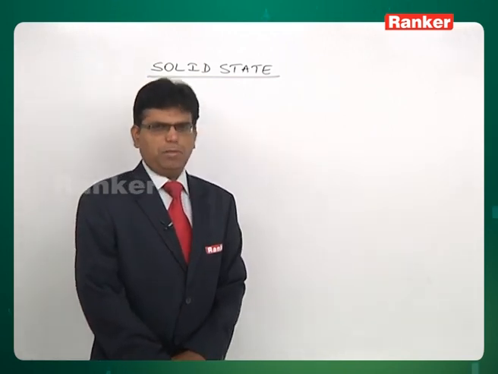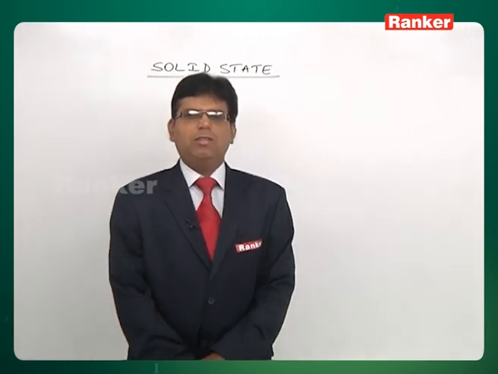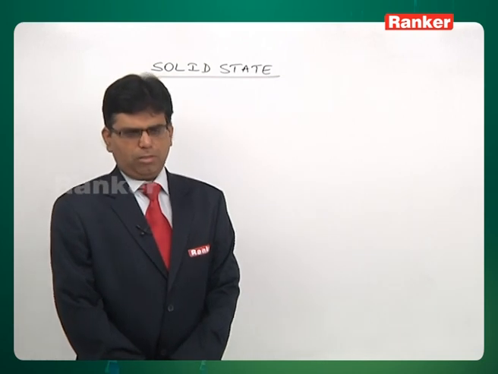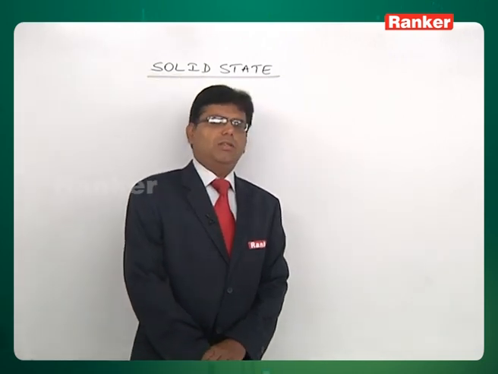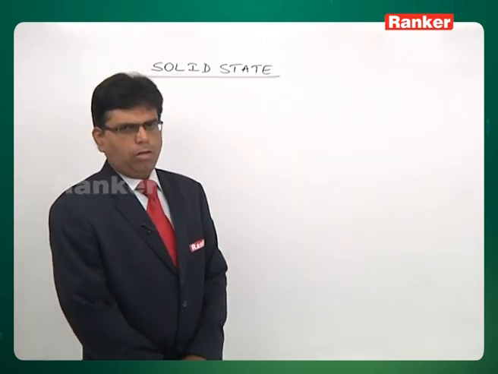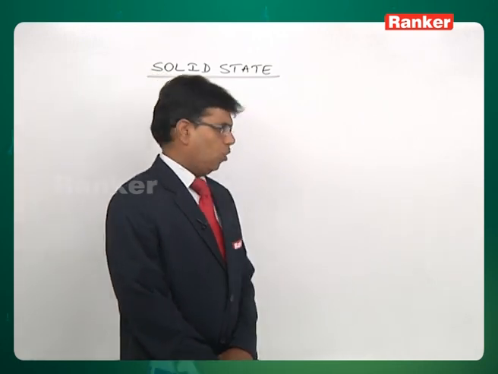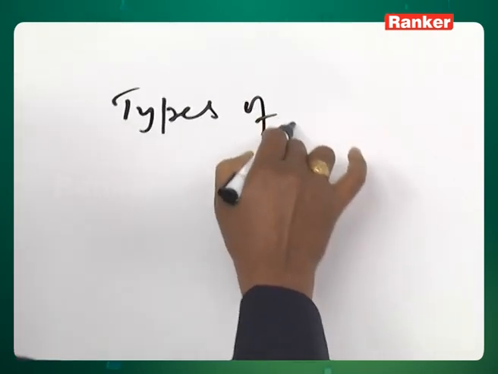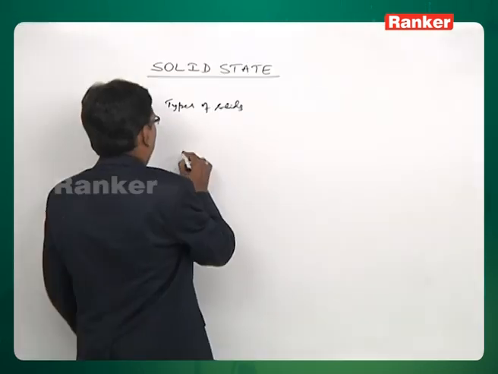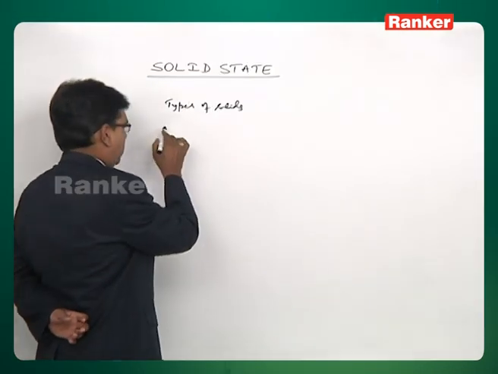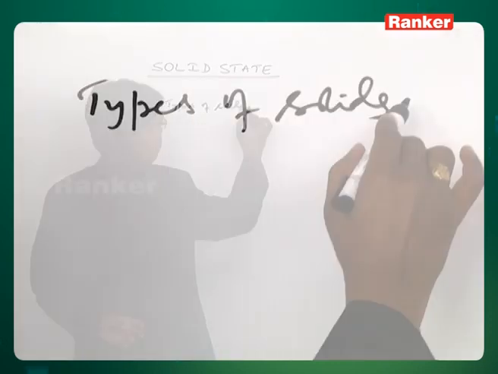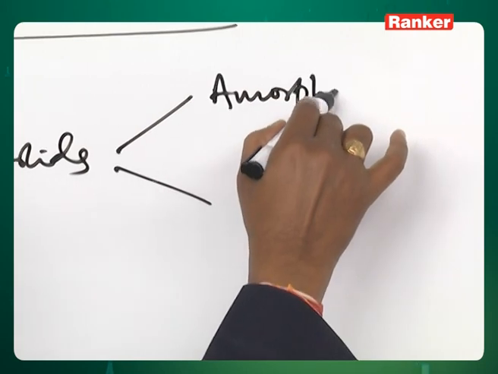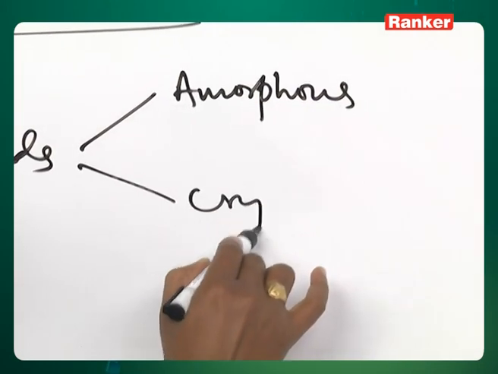In this topic, mainly what we discuss is what are the characteristic properties of solids, how solids are different from liquids and gases, what are the types of solids. Especially in the types of solids, the types are mainly amorphous and crystalline.